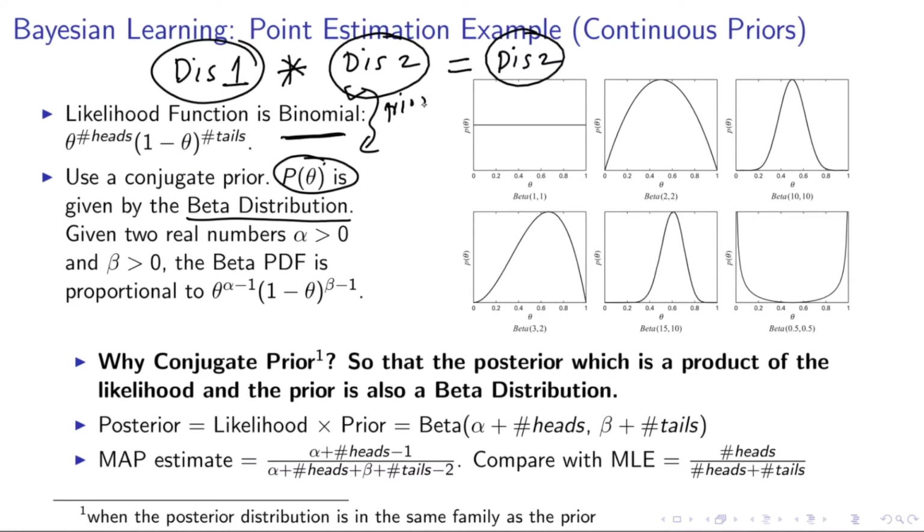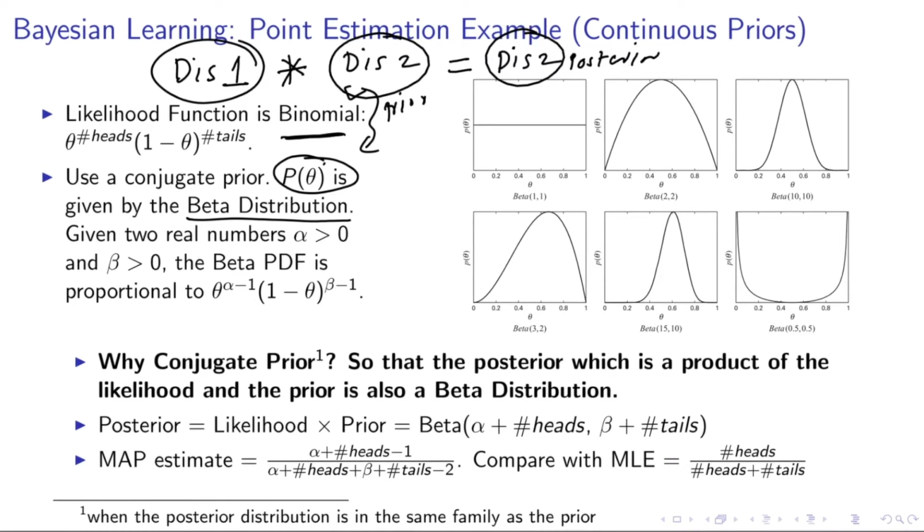So the prior and the posterior are in the same family. So actually you can go on Wikipedia and you'll find a nice list where if your likelihood function is of one distribution family, then what type of conjugate prior you can use so that your prior and posterior are in the same family.